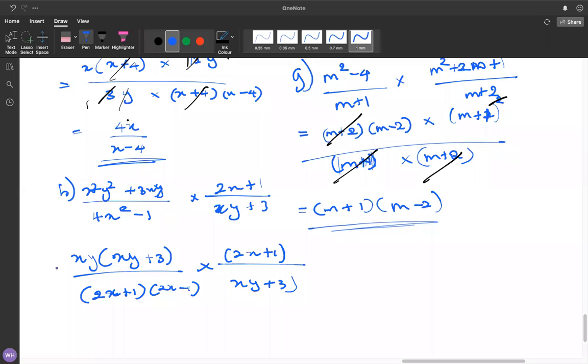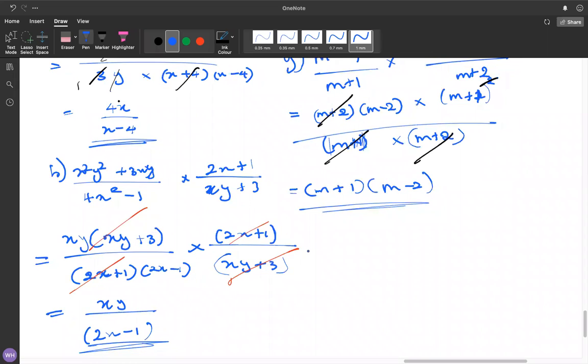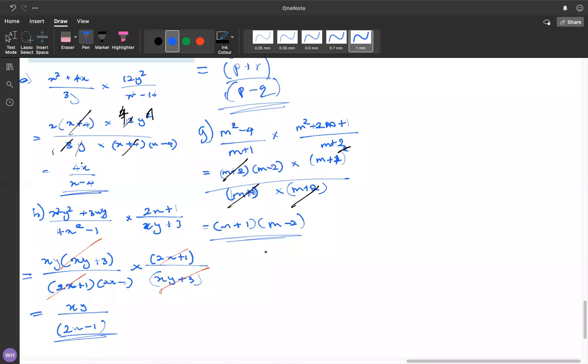Put it in the bracket. All right. So then simplification of the like terms. This one gets simplified with this and this with this, nothing else. So very simple. xy will be remaining in the numerator and 2x minus 1 will be remaining in the denominator. So this is the answer. So H has been done. Dulari, have you done the next question, which is I?